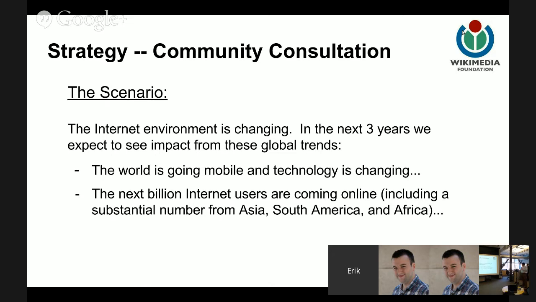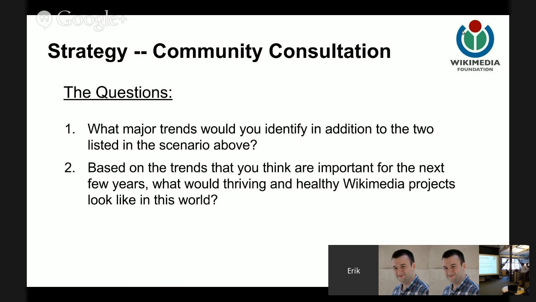So that's the scenario, and then we're asking contributors to answer two questions. What major trends have we missed? What would you say is another major trend that should be included? And based on those trends, the two we identified and whatever third or fourth or fifth ones you put together, what would a healthy and thriving Wikimedia project look like in that imagined world that we just created, where we accept those things as fact and our own input?